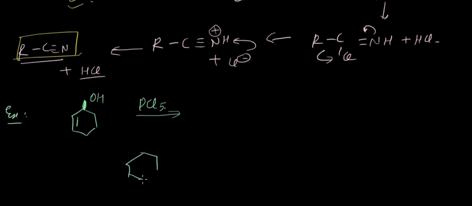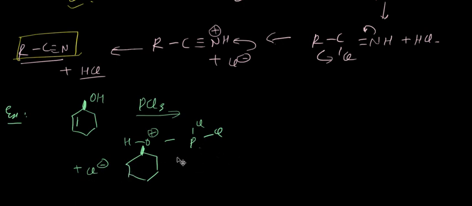We would have something like this in the first step, where we will have O plus here, H attached to it, and let's say it is a PCl3 here for now. So one Cl will be removed from here, plus Cl minus will be removed from here. Okay, so I'm just showing the Cl here.